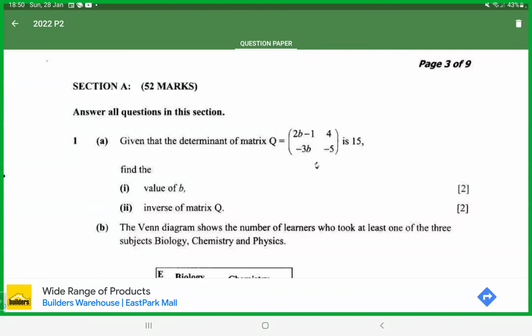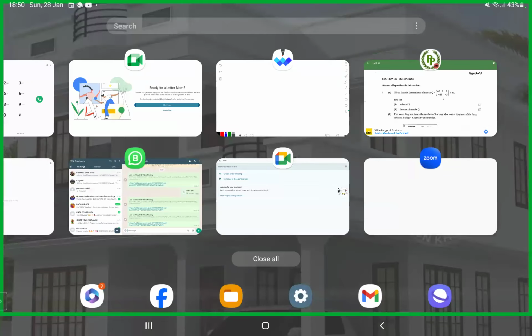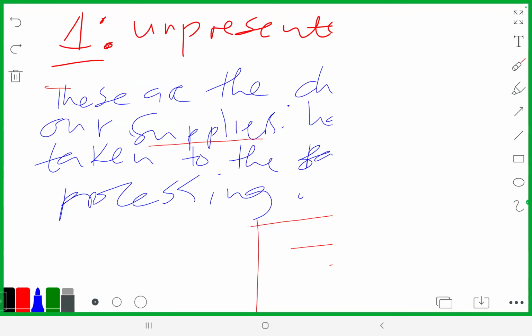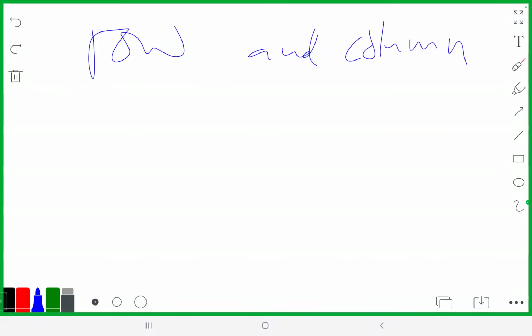of a matrix. Okay, so I will begin by just defining what a matrix is. By definition, a matrix is a form of numbers that has got some entries. A matrix is always defined by a row and a column.